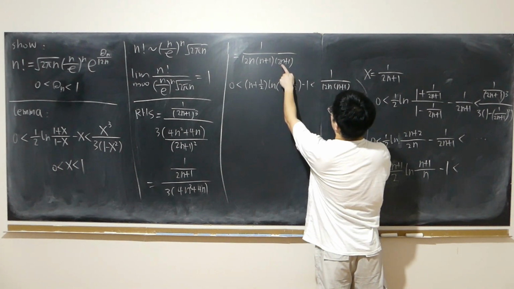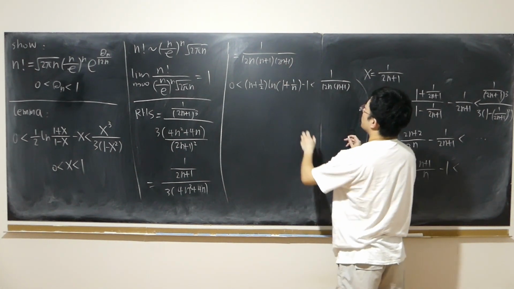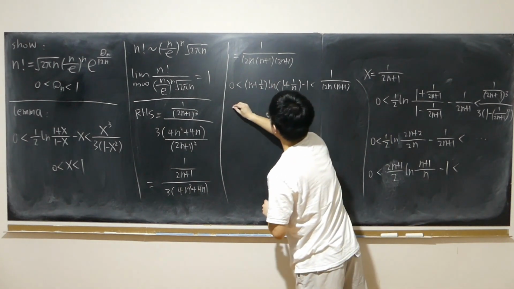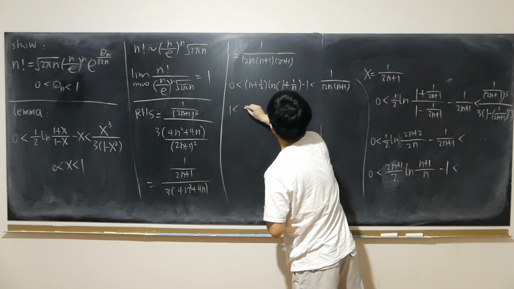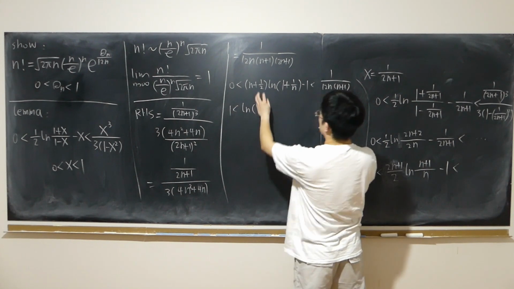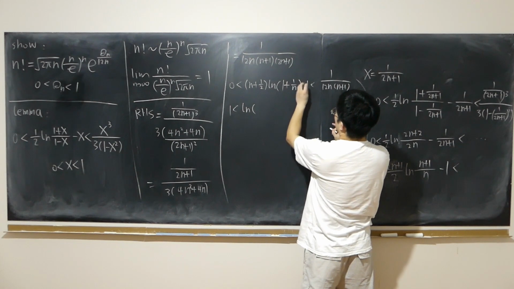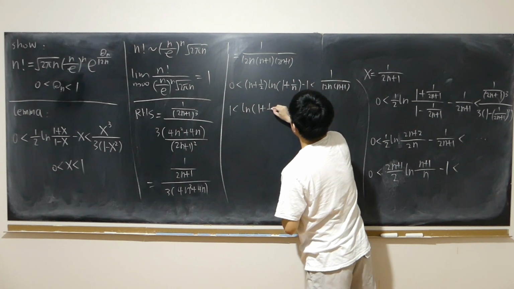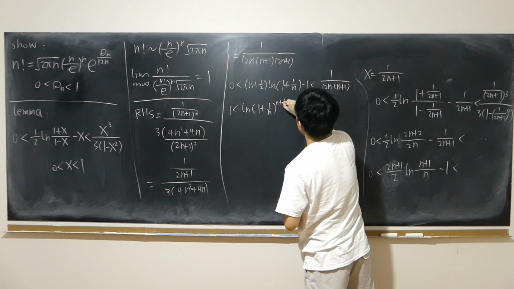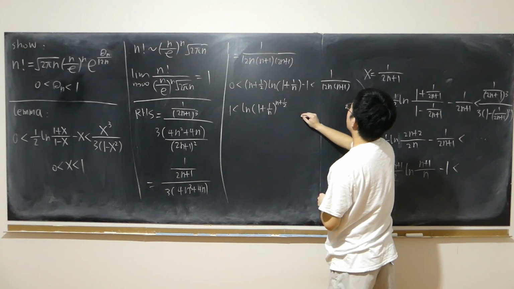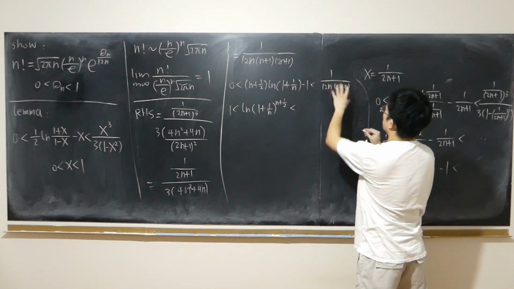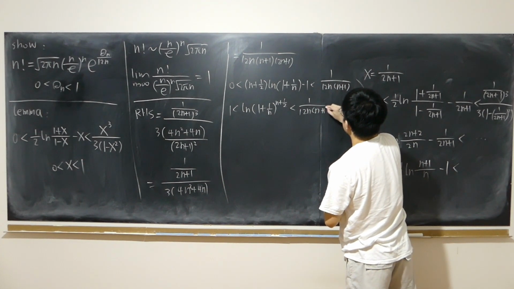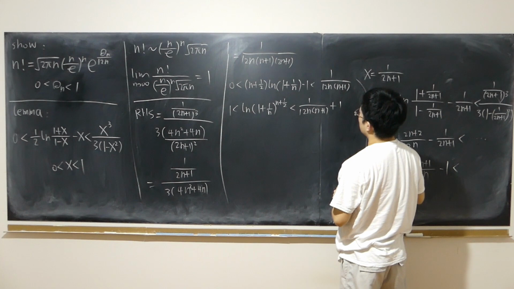Like I said, this part will be cancelled out. So plus 1 on each side, cancel out this negative 1. So 1 is less than log of, put this constant on top, it becomes a power inside, 1 plus 1 over n to the power of n plus half, is less than 1 over 12n, n plus 1, plus 1.